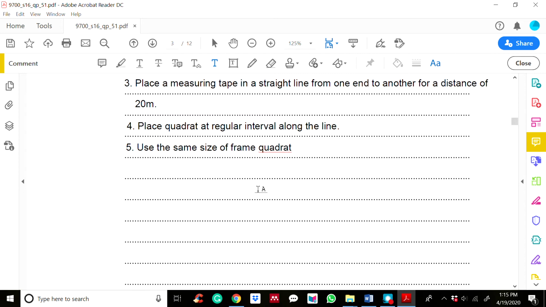Use the same size of frame quadrat for each interval. For example, each of the quadrats should be 1 meter squared.